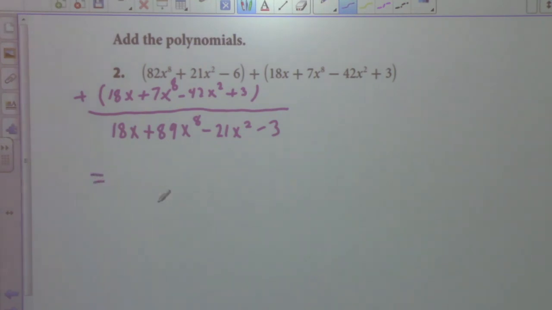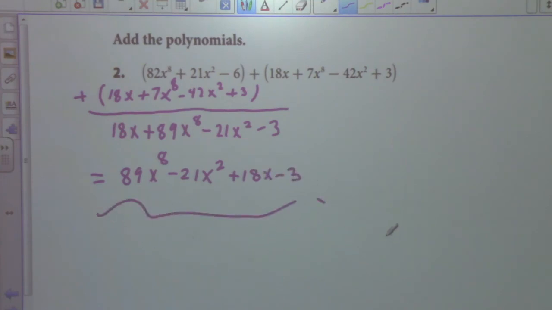Okay, and then you put that in standard form? 89x to the 8th, minus 21x squared, plus 18x, minus 3. Okay, any questions on that?